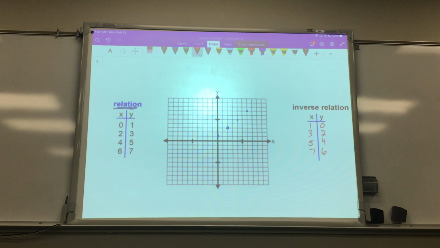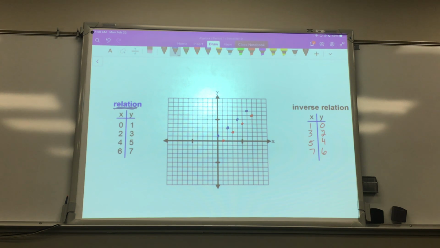Okay, so then plotting that inverse, you got 1, 0, 3, 2, 5, 4, and 7, 6. So you're just flip-flopping your x and y.